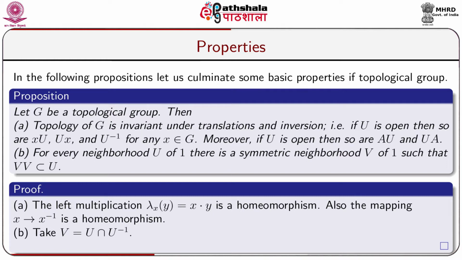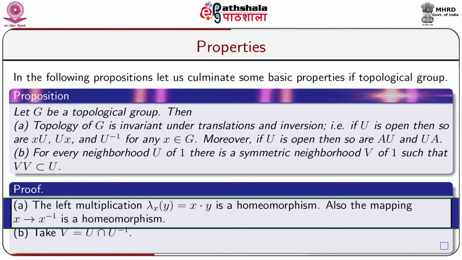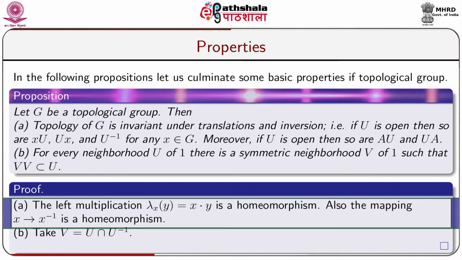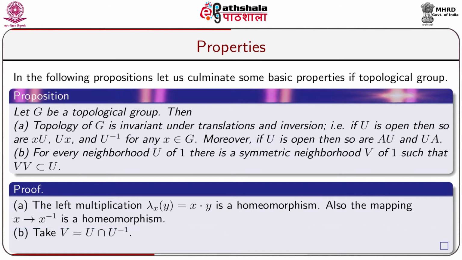That is, if U is an open set, then so are xU and Ux and U inverse for any x belonging to G. Moreover, if U is open, then so are AU and UA for any subset A of G. To prove this, let us consider the left multiplication defined by lambda x of y equal to x dot y for all y belonging to G.